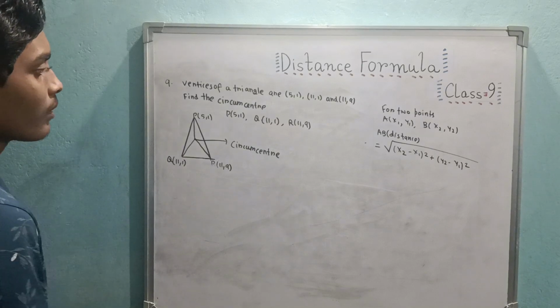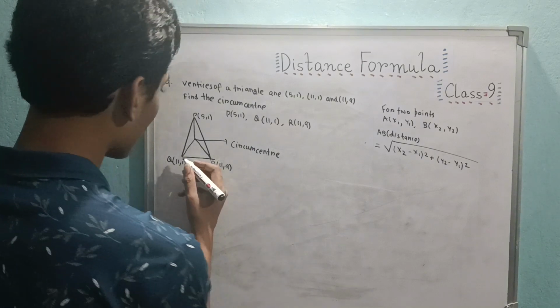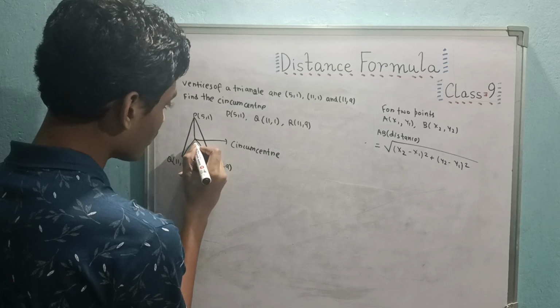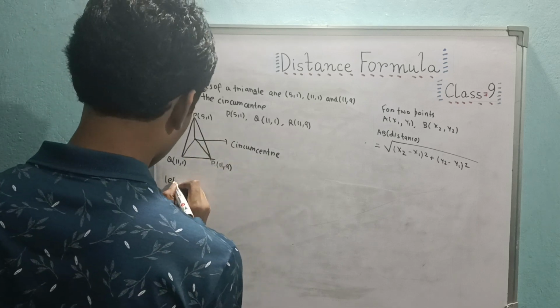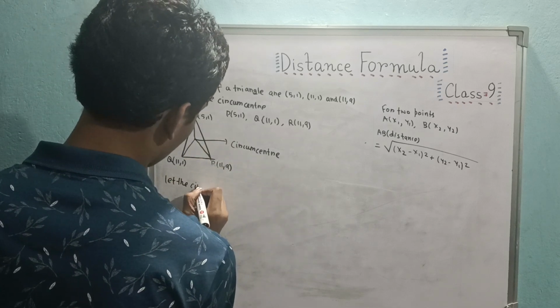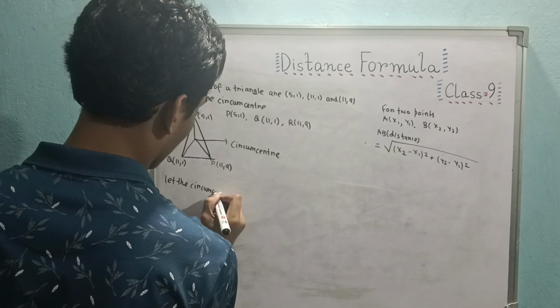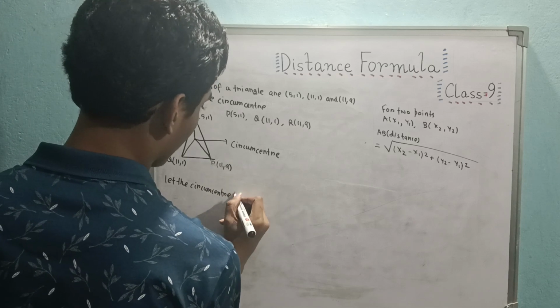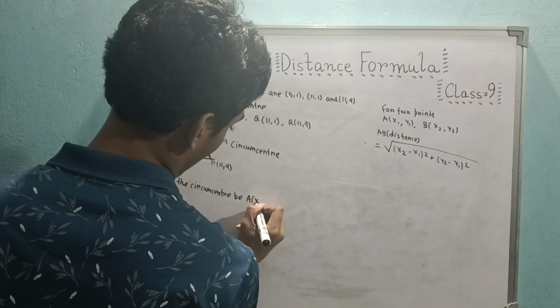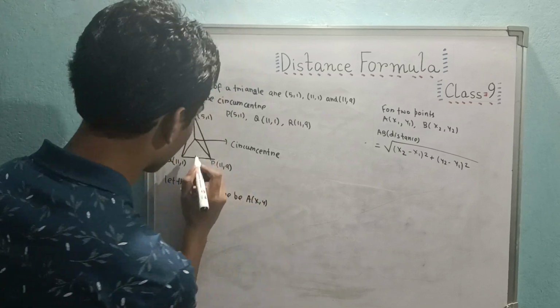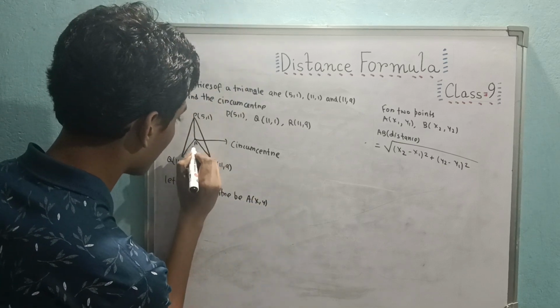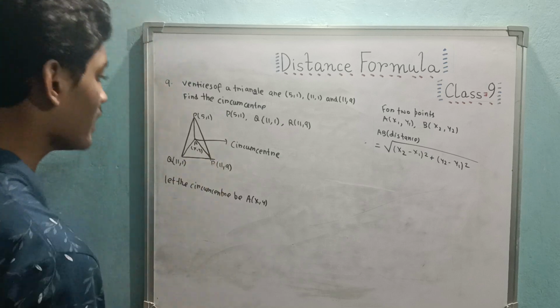So suppose this circumcenter, I let the circumcenter be A, and let the point be A with coordinates x comma y. That's right.